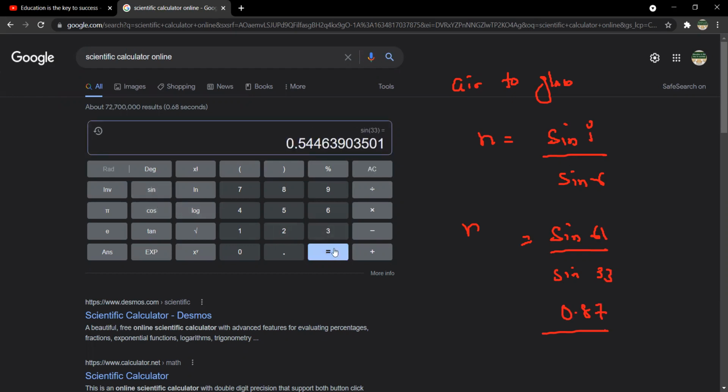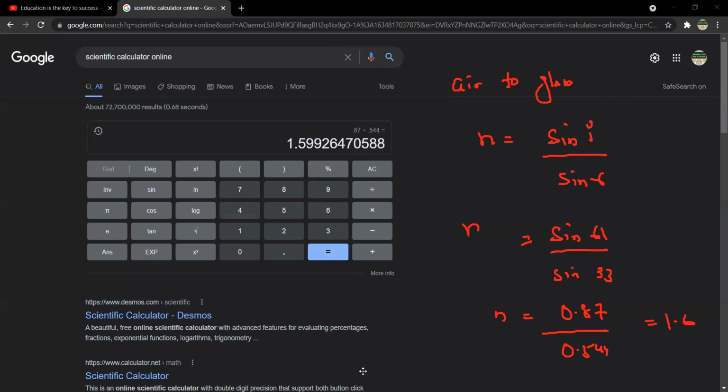Sine 33 is 0.54. That will be the value for n. And when we simplify 0.87 divided by 0.544, that is equivalent to 1.59 or 1.6.